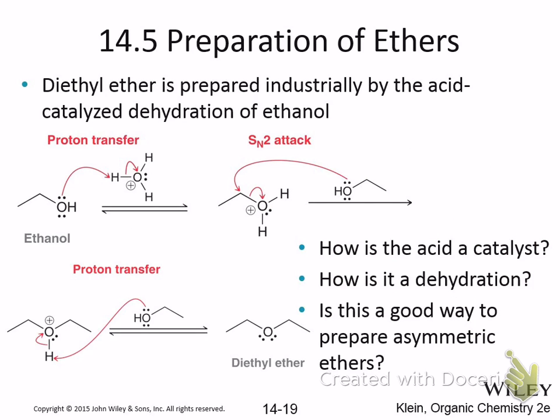Okay, so how do you make ethers? Well, a simple way, if you want to make a symmetric ether, like dimethyl ether or diethyl ether or dipropyl or diisopropyl, where you have two of the same alkyl groups, one simple way is to just reflux the alcohol in acid.